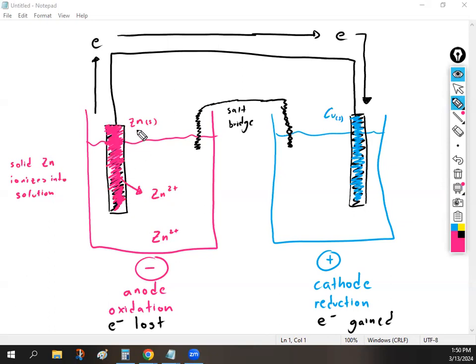Okay, which makes sense, right? Because if it goes from zinc, which is 0, to +2, this thing is losing electrons, right? So as it ionizes, it loses electrons, and then that's how the electrons are able to move to the other side. So that's what happens at the cathode, or sorry, anode.